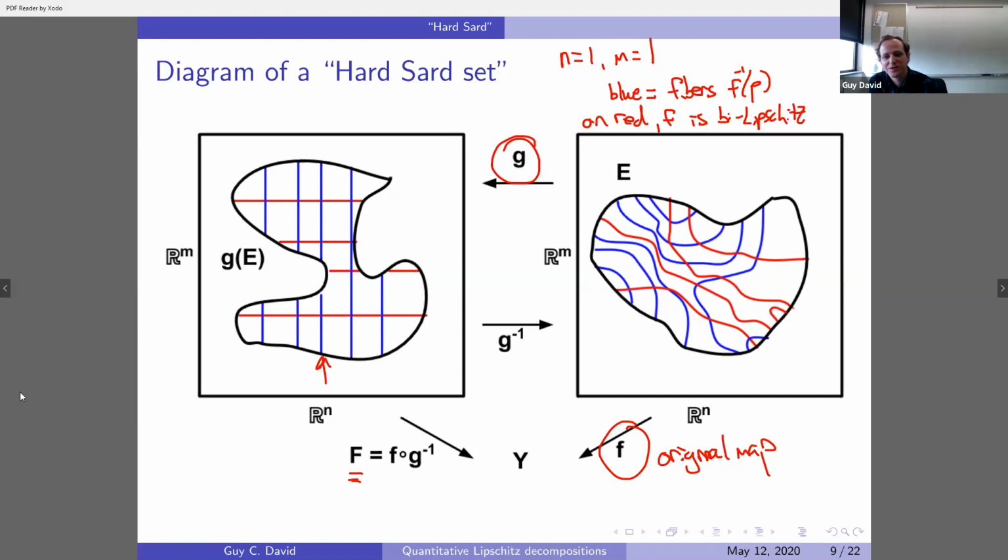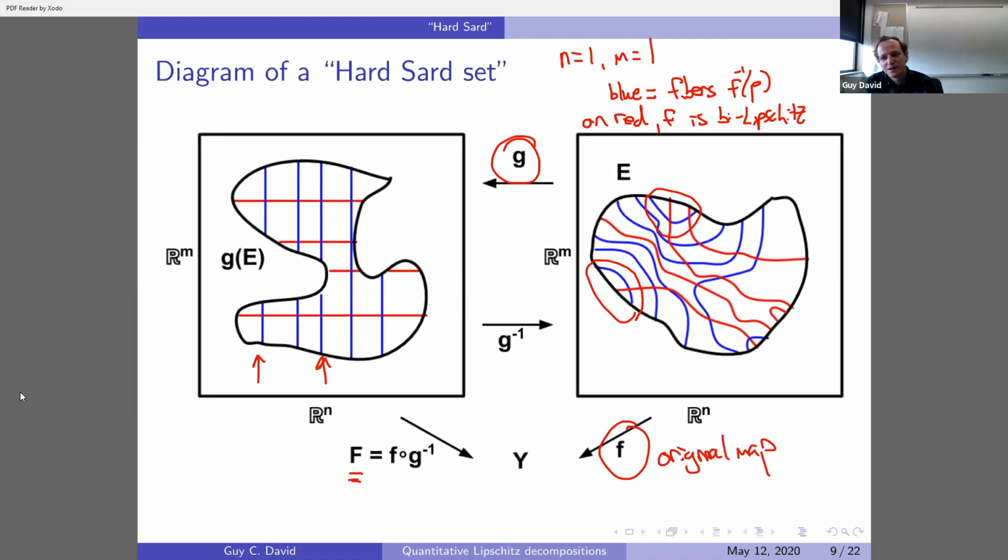And I tried to even draw the picture, although I'm not sure how accurately you should take my picture. But for example, this fiber of the mapping has two connected components. And so that means two of these curves over here actually correspond to the same fiber, something like that.